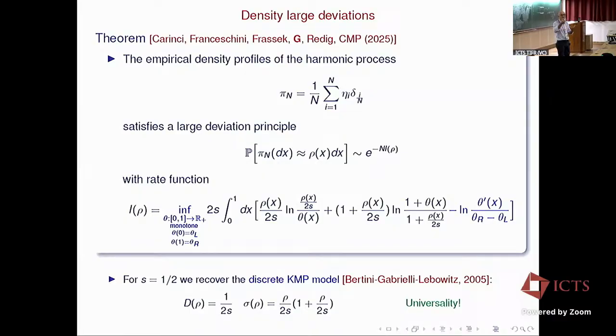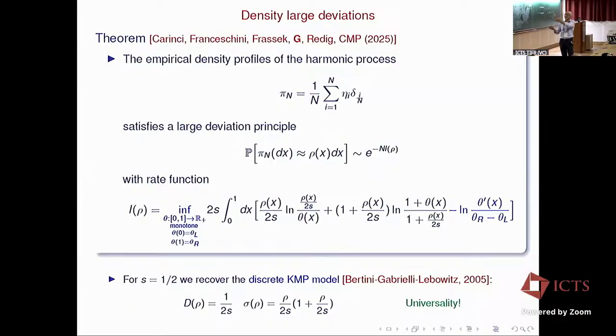This is order statistics, and it's known. It's precisely this term here, which comes from the large deviation of order statistics, and this term here is the relative entropy between a product measure with a parameter rho, which is the one that you want to see, and a parameter theta, which is the one that you would have.